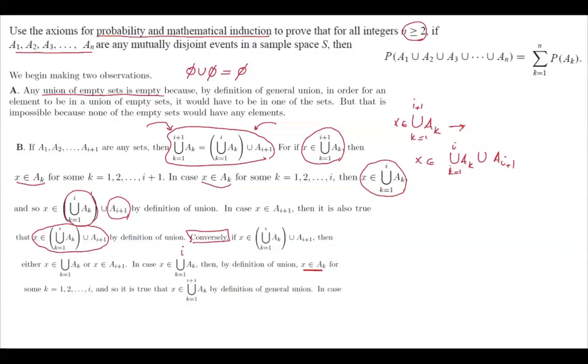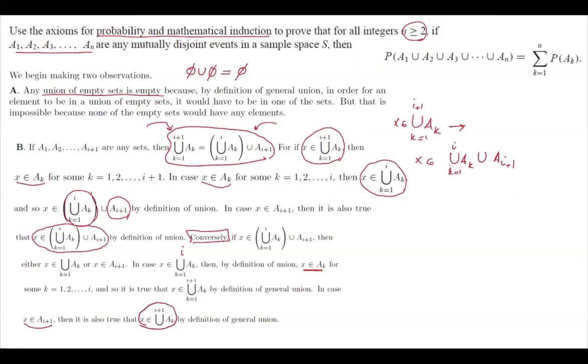And it is true that x belongs to the union of these sets along with another set, any other set. And in the case that x belongs to the second set, then it is true that x belongs to the union of A sub k, k from 1 to i plus 1, which is the basic definition of union. So we just showed that the left-hand side and right-hand side are equal to each other.